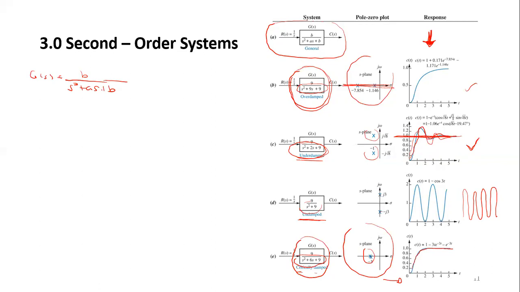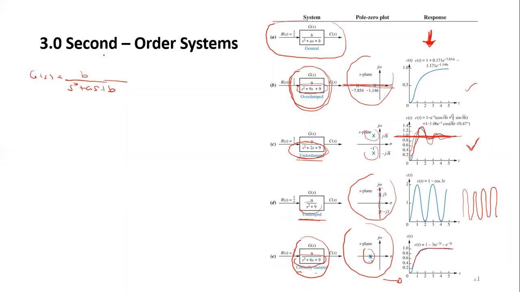The same goes for the undamped system. When the poles of the transfer function are all imaginary, when you plot them on the S plane, they are located on the imaginary line. Now you can expect, oh, this is not nice. This is a marginally stable system. If it's wrongly tuned, it can go unstable. So there are four types of response in second order systems.